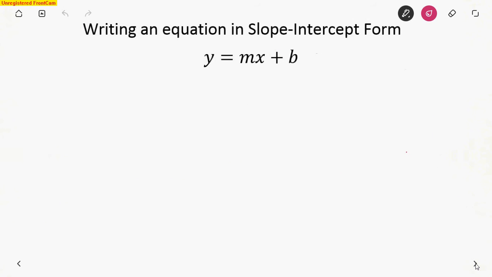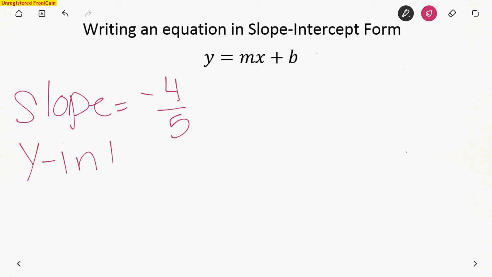Now we're going to try and do the opposite. I'm going to give the slope and the y-intercept, then use that information to write an equation. The first one, we're going to say we have a slope of -4/5 and a y-intercept of 1.